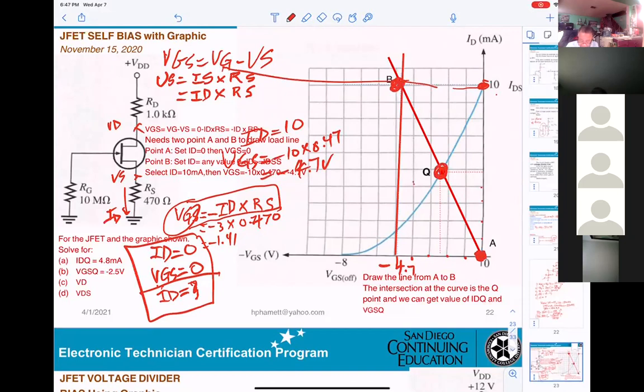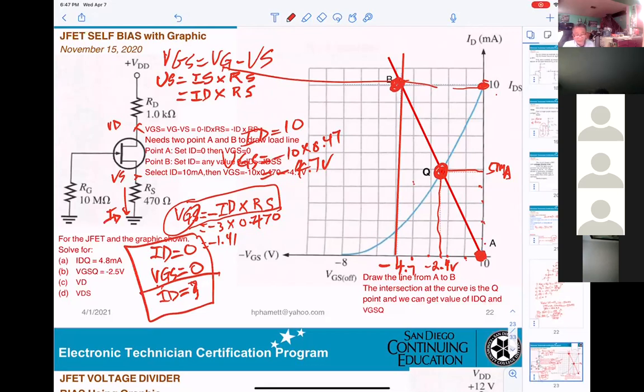From this one, you want current ID, it can be 1, 2, 3, 4, 5 milliamps. And if you want VGS, then you can get -1, -2, maybe -2.3 or 4. That's okay. And this is the quiescent point, or the operating point for the transistor, around which the AC signals operate.